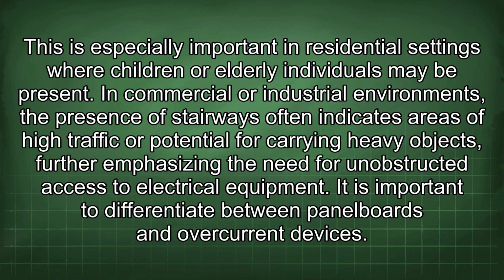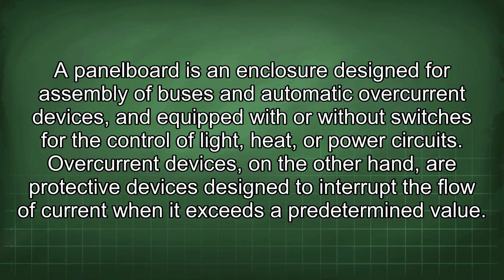It is important to differentiate between panelboards and overcurrent devices. A panelboard is an enclosure designed for assembly of buses and automatic overcurrent devices and equipped with or without switches for the control of light, heat, or power circuits. Overcurrent devices, on the other hand, are protective devices designed to interrupt the flow of current when it exceeds a predetermined value.